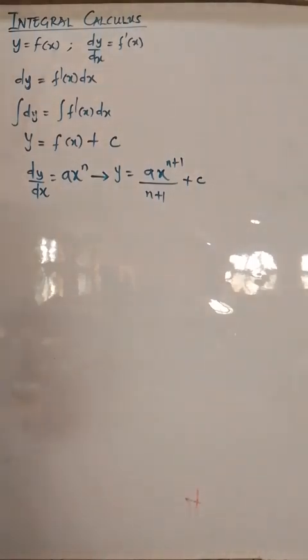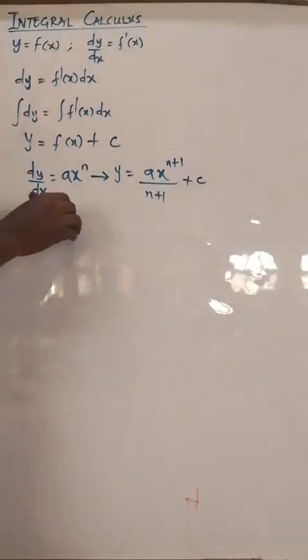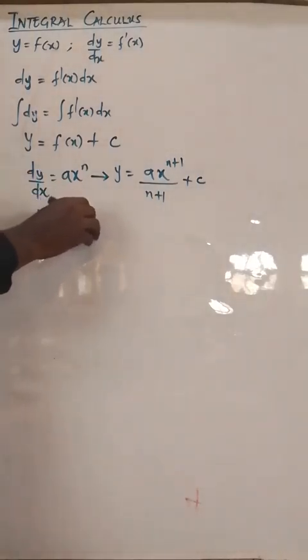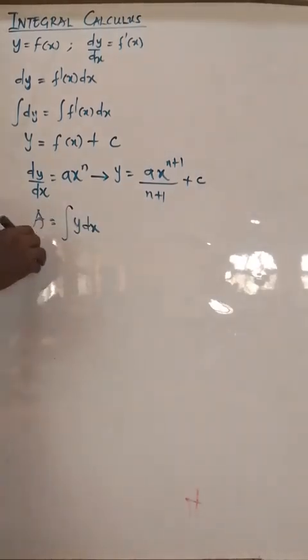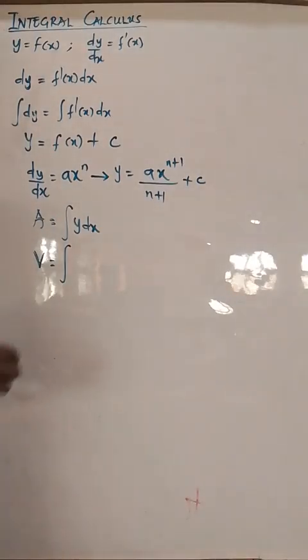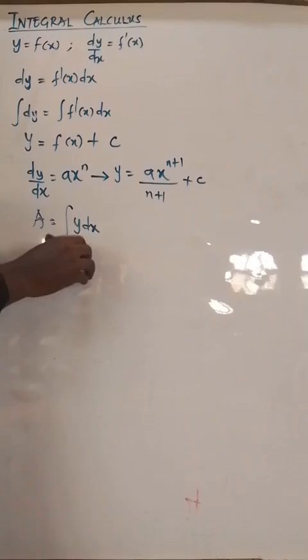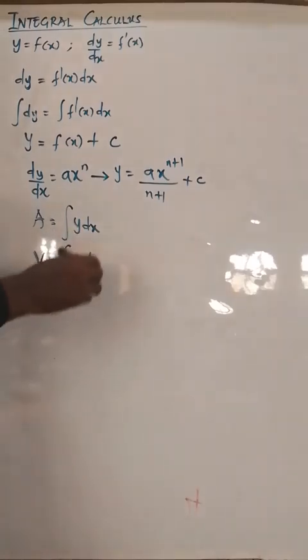And also we established that we can use calculus to look for the area under the graph of a function, and the area is the integral of that function with respect to x. And we said if there is a rotation about a certain axis, the volume of a particular function can be gotten by integrating the area along a particular path. That will be area dx.